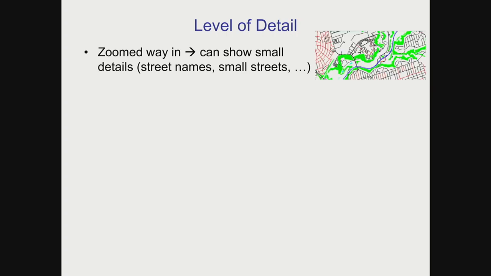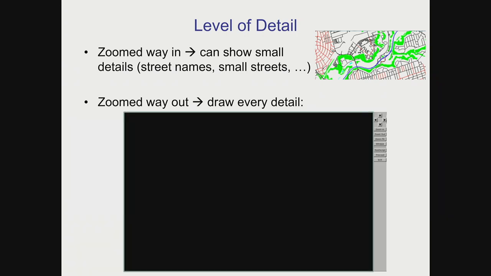If you're zoomed way in, you can see a lot of detail. You can see small streets, you can display street names and so on. But if you zoom way out and you draw every detail, first it'll tend to be slow, but also it's going to tend to be a mess.